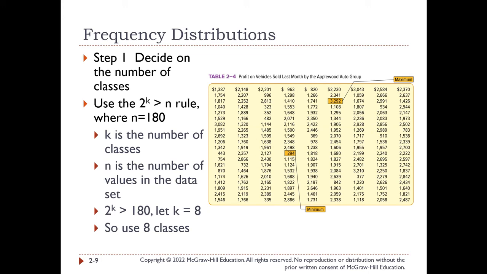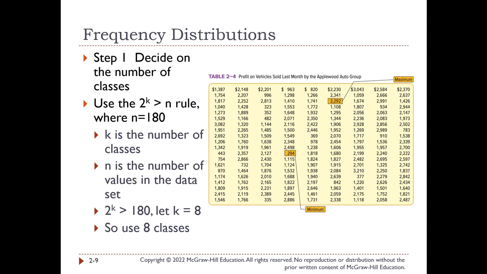K is going to be the number of classes. So basically, we want to go with k, or 2 to the power of, until it makes this formula true. That it is greater than, not equal to, but greater than our total number of data set.